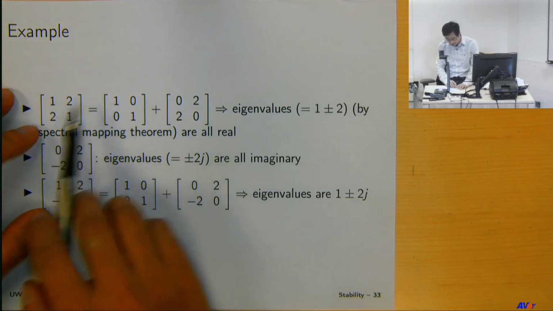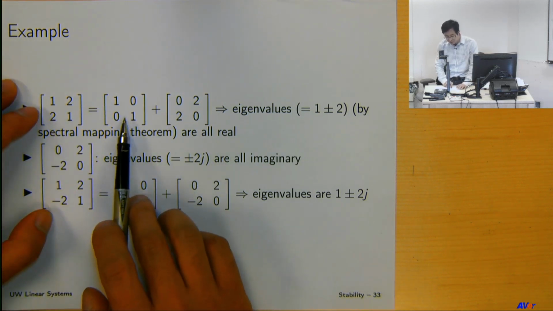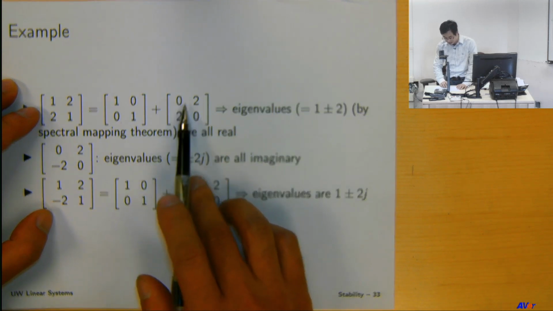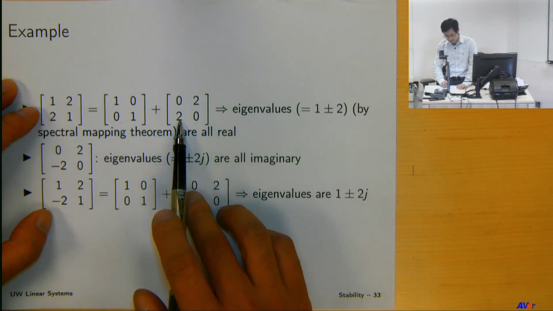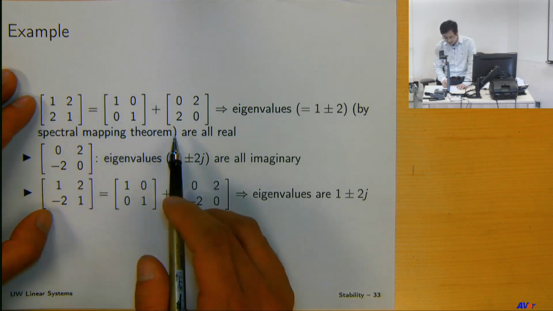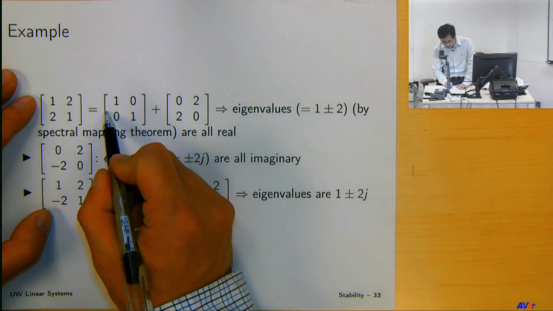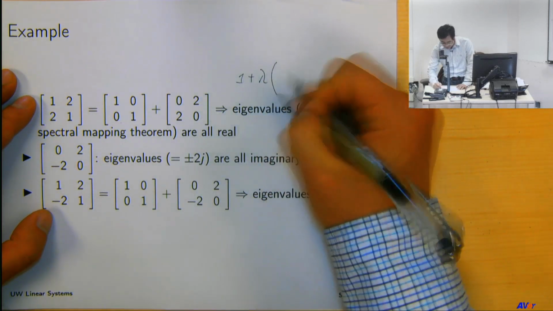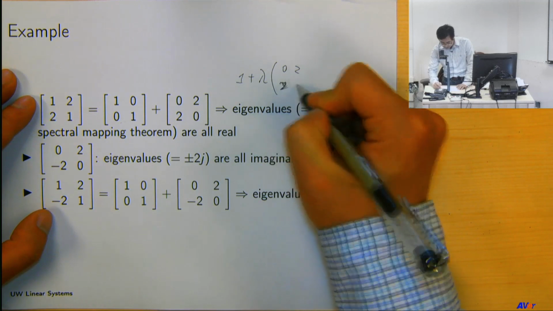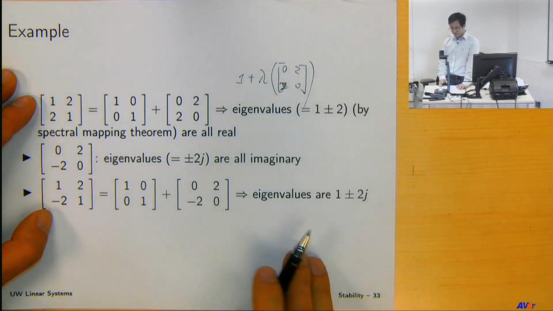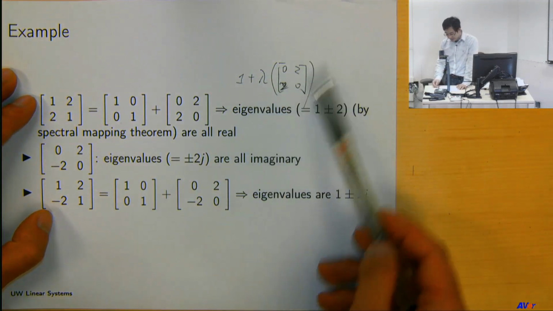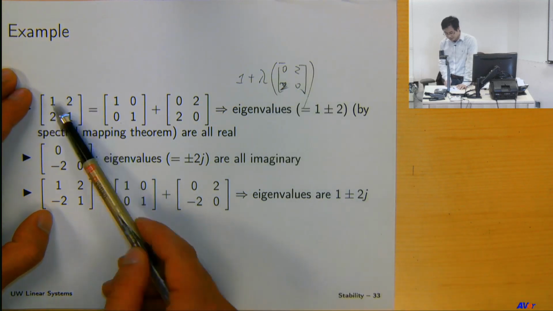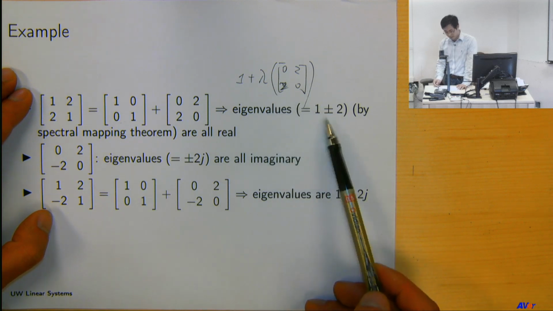You can decompose this matrix into the summation of an identity matrix plus a symmetric matrix. Then from the spectral mapping theorem, the eigenvalue of this one is nothing but 1 plus the eigenvalue of this matrix. And we talked about the eigenvalue of this symmetric matrix being plus or minus 2. So the eigenvalue of this one is either 3 or -1.